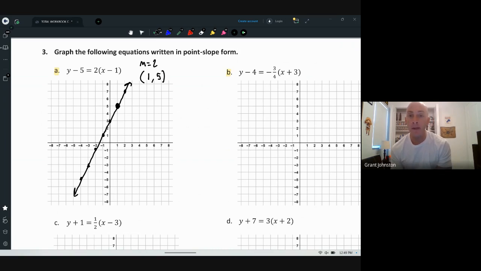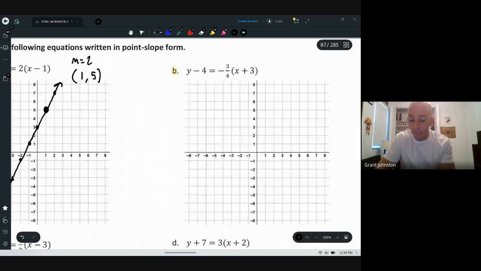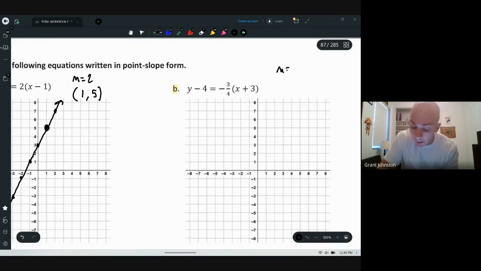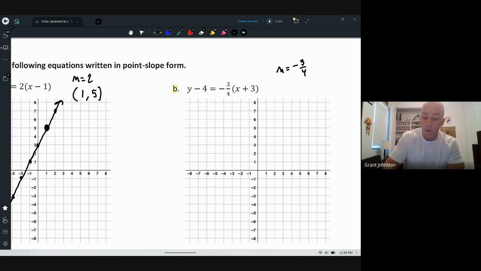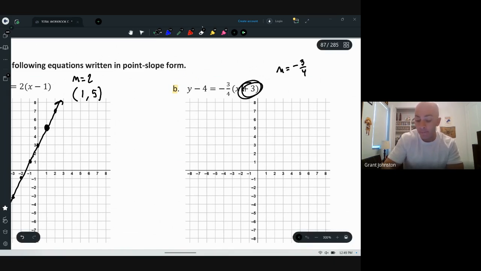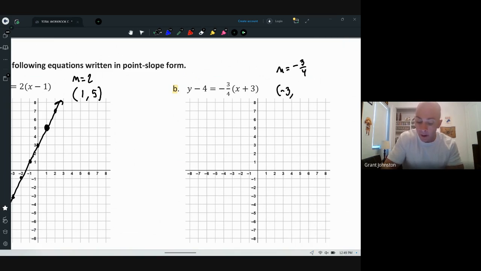Now looking on B, the slope we know is negative 3/4. And for the point, we have a positive 3 here, so the opposite of that would be negative 3. And then the y is 4.